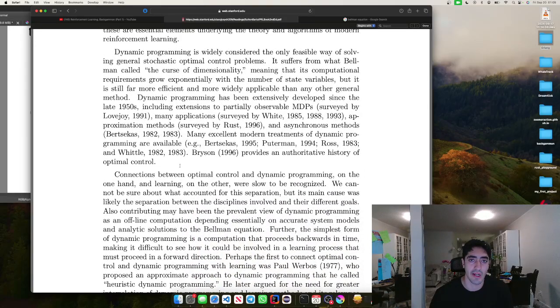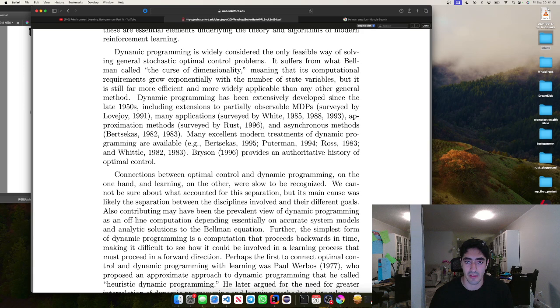Dynamic programming is widely considered the only feasible way of solving general stochastic optimal control problems. It suffers from what Bellman called the curse of dimensionality, meaning that its computational requirements grow exponentially with the number of state variables, but it is still far more efficient and more widely applicable than any other general method.